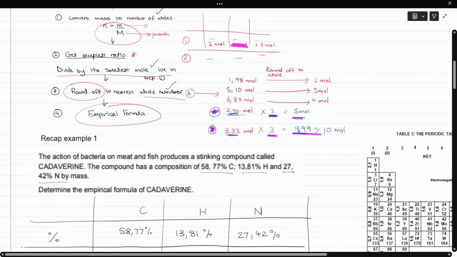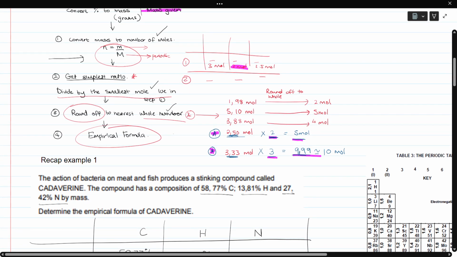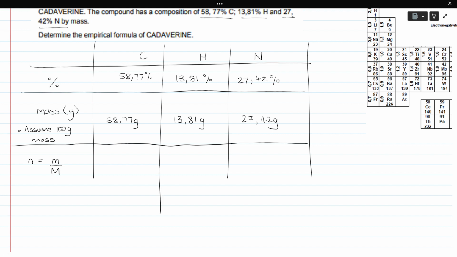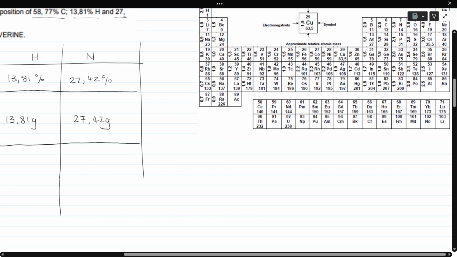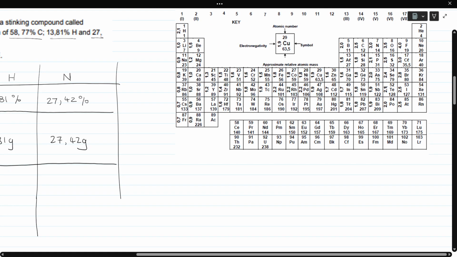So the next step, step number 1 here, is we're going to convert the mass values to the number of moles. Okay, so we're going to tell them we're using this equation here. n is equal to the mass over the molar mass. And if we write that out, let's do carbon first. So here we've got 58.77 all over, if we look for carbon on our periodic table, carbon is 12.